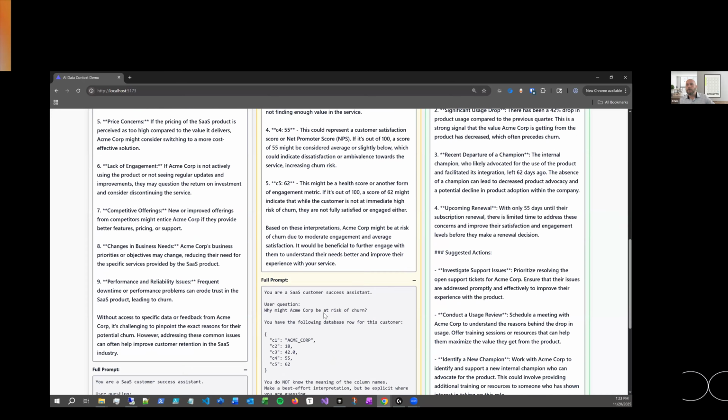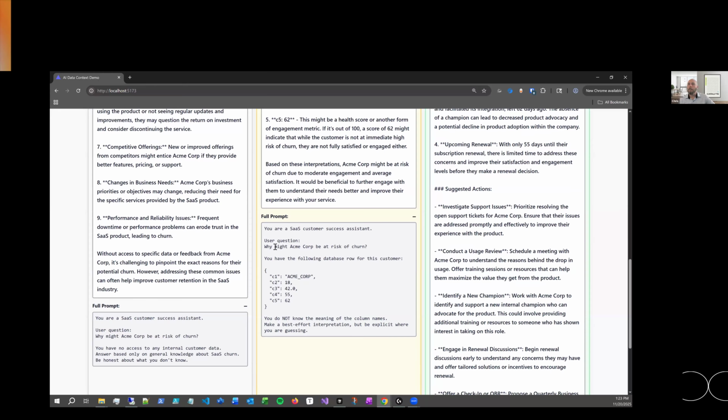And here, just to look at the prompt, you don't know the meaning of the column names, make a best effort interpretation, but be explicit where you are guessing. And so again, the prompting becomes really important. And this is a place where, if you had an MCP, you could maybe provide more metadata, right?